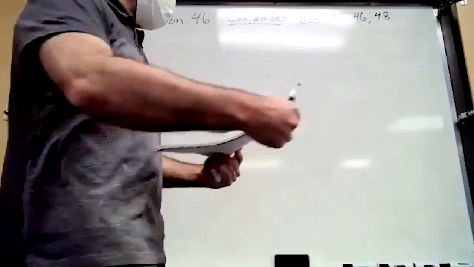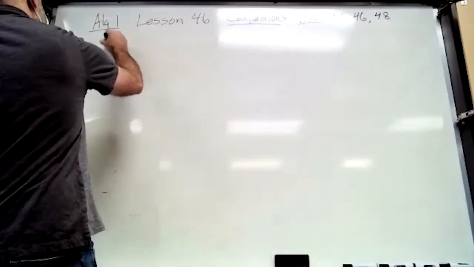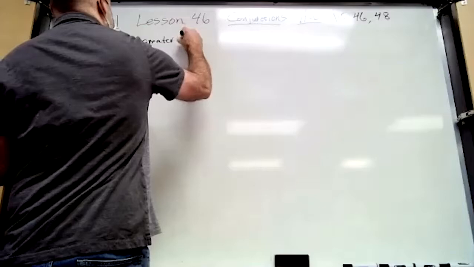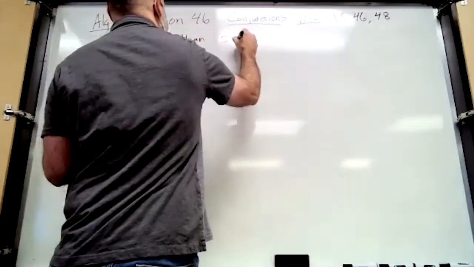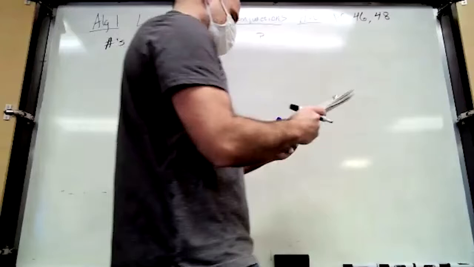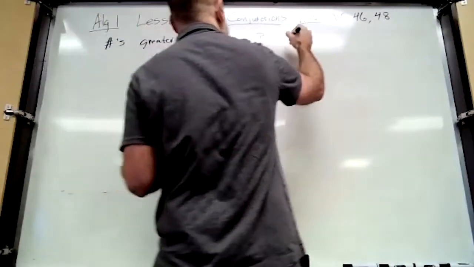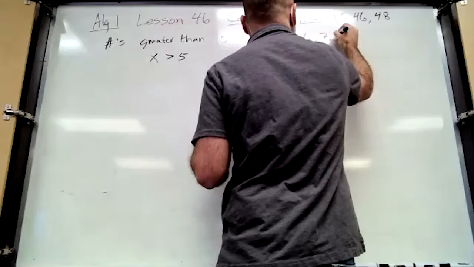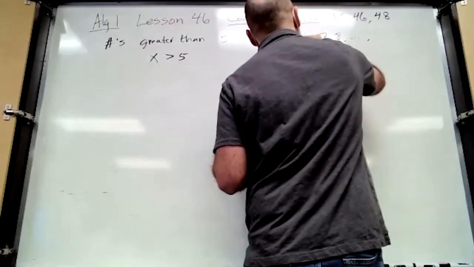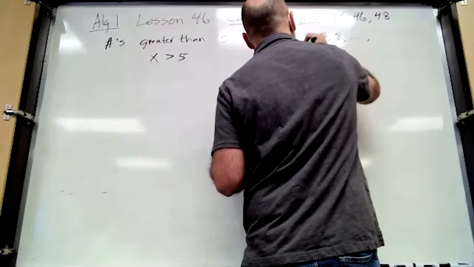It's real easy. So if I said numbers greater than 5, well, what numbers are greater than 5? Six, 7, 8, right? But also, don't forget 5.1, 5.0001, and those things.